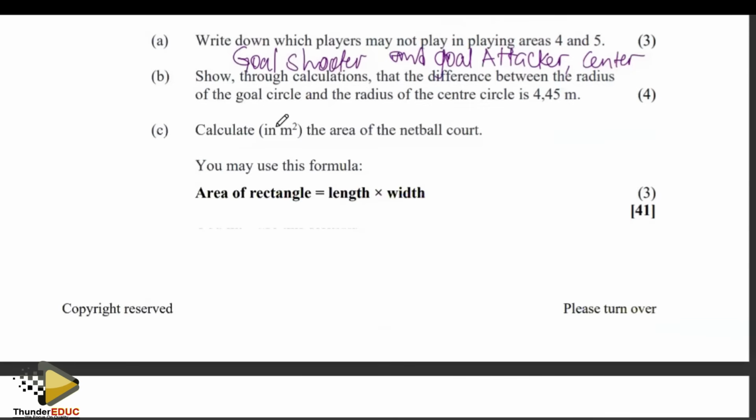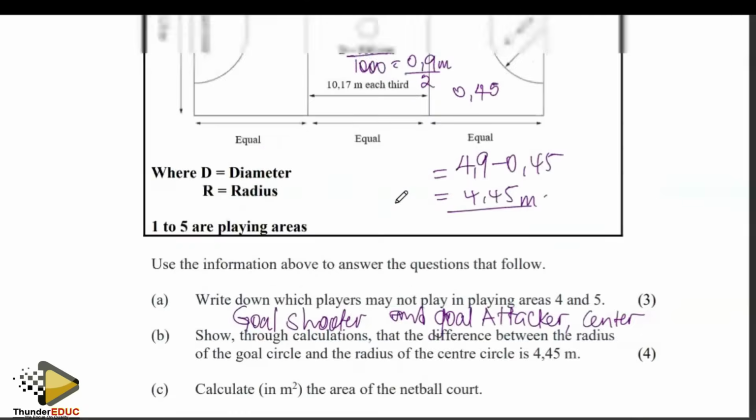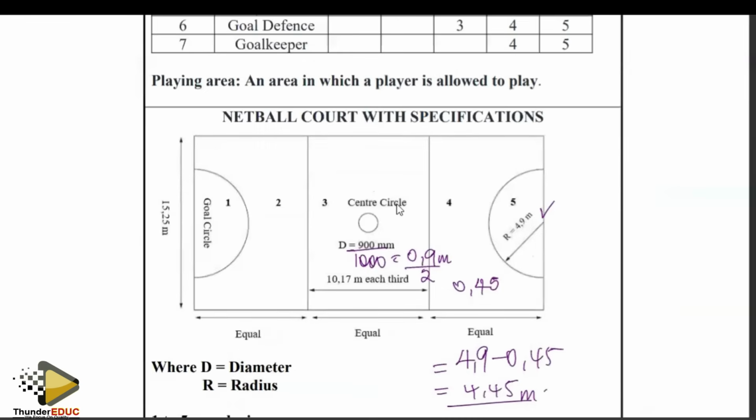All right, they're telling us calculate the area in meters squared of the netball court. So they want everything. It's a rectangle. So the width is already there, 15,25. Then the length is going to be 10,17 times what? 3.